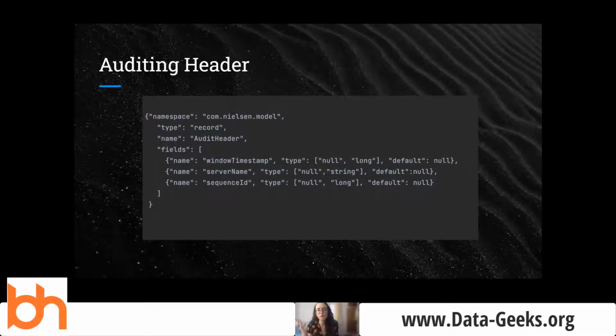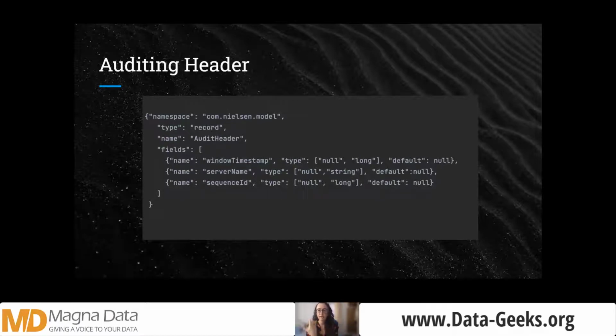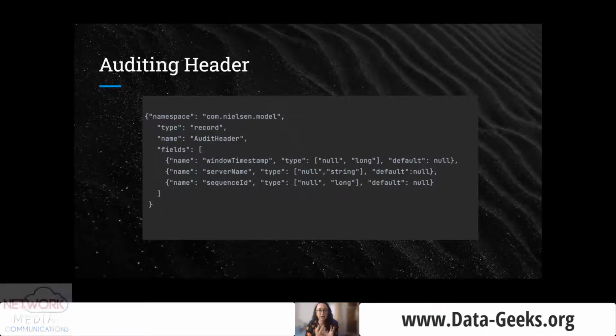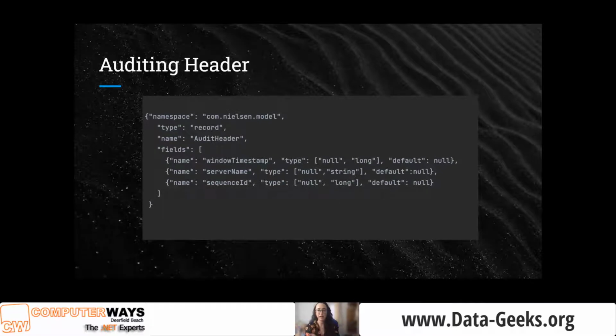So the moment you've got that object, you know for every process on every server against every topic how much data they actually produced, you know the exact number. But in order for us to have that auditing information on the other side, we have to connect it to our data. And so what we created is the auditing header.